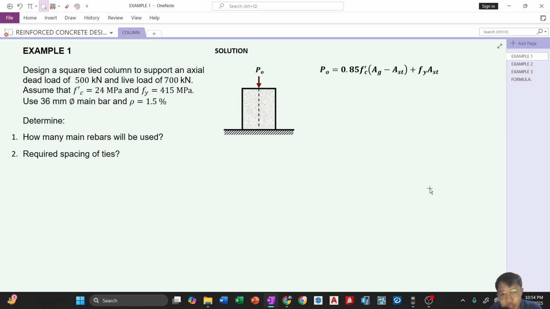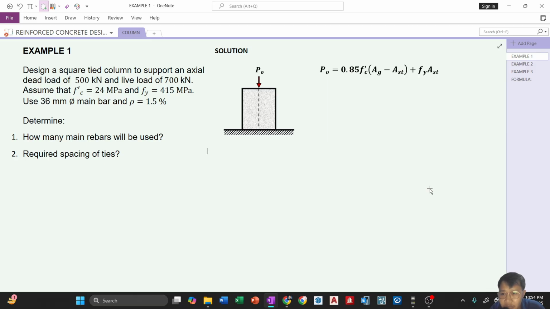Okay, so this is our column, for example, and then we have here the P sub 0 acting at the centroid of our column. Again, recall that the P sub 0 is equal to the strength of the concrete plus the strength of the steel, which is equal to 0.85 F prime C quantity area gross minus area steel plus Fy AST.